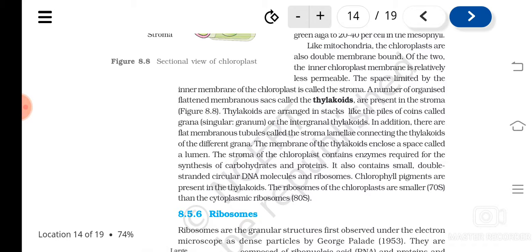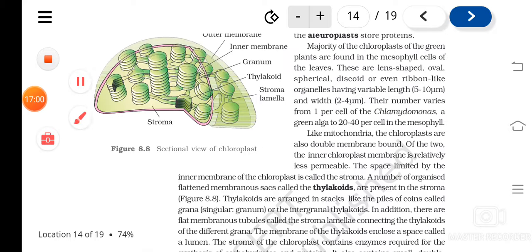And the dark reaction, we will study in detail in the photosynthesis chapter. Anyway, the dark phase of photosynthesis takes place in the stroma, and the light phase in the grana.